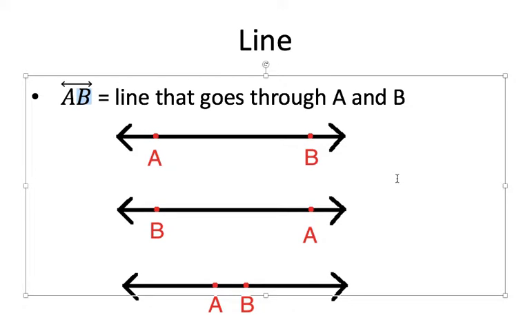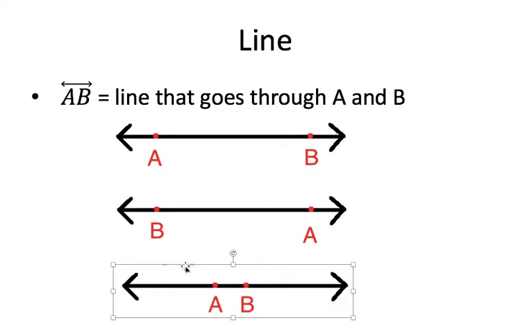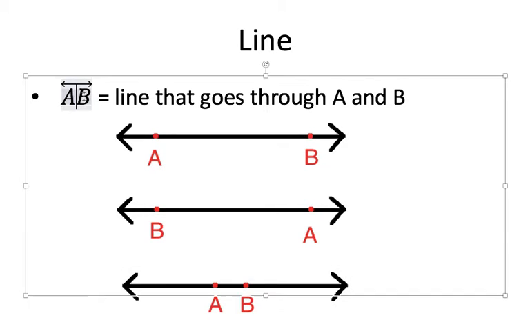They could be near the end, they could be in the middle. I guess there's not really an end, but any 2 points on that line you can use in your symbol or your notation for that line. So this is line AB, and that could be for this line or this line or this line. All three of those you could use this symbol right here.